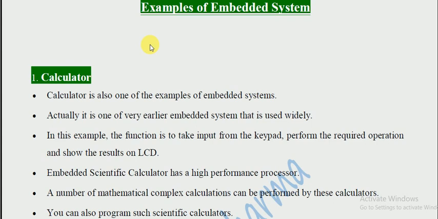Whenever you have to discuss any embedded system, it depends on person to person how to define it. For example, with the help of a simple block diagram, you just explain what the input parameters are and what the output parameters are.